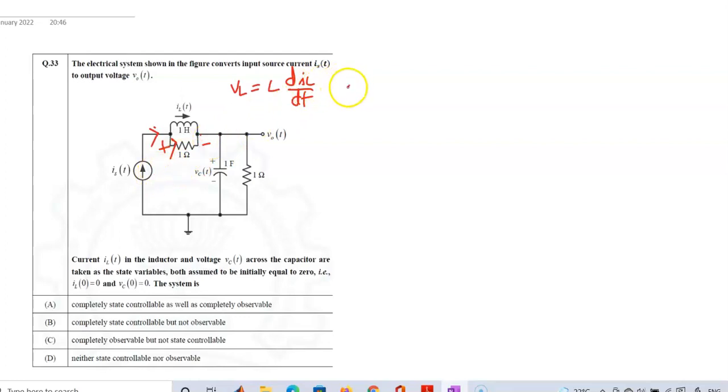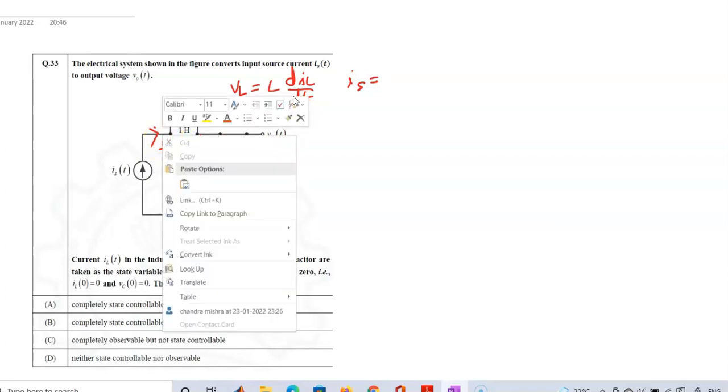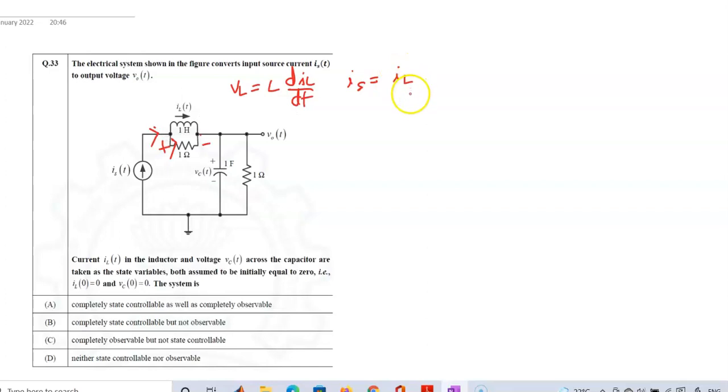So current IS, by applying KCL here, is equal to IL plus VL upon 1 ohm. So VL is L dIL upon dt upon 1, and L is also 1. So dIL upon dt is equal to minus IL plus IS. This is one equation.